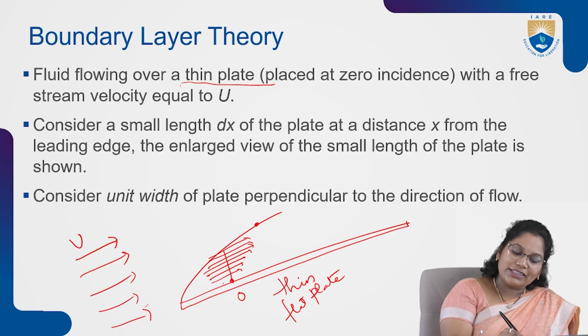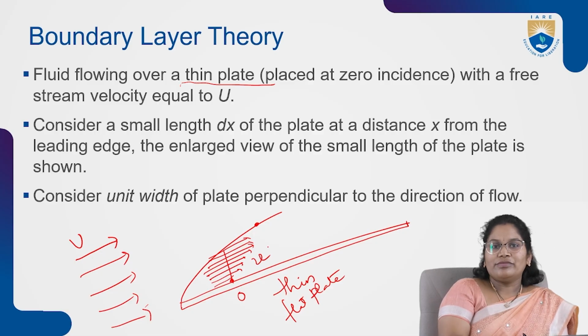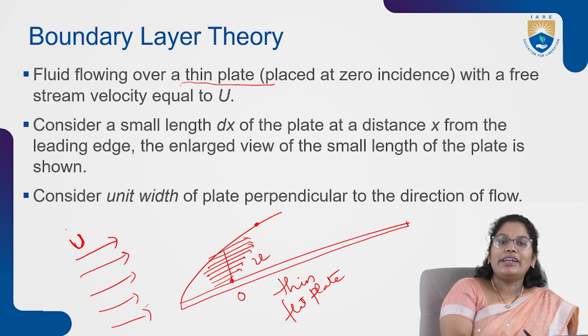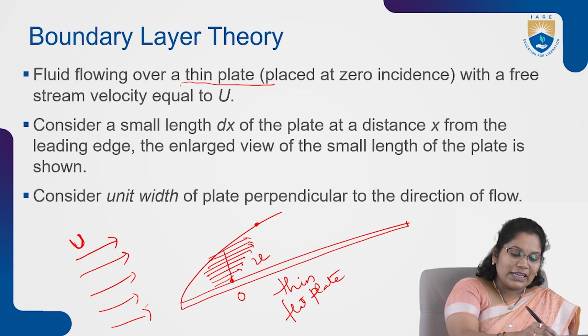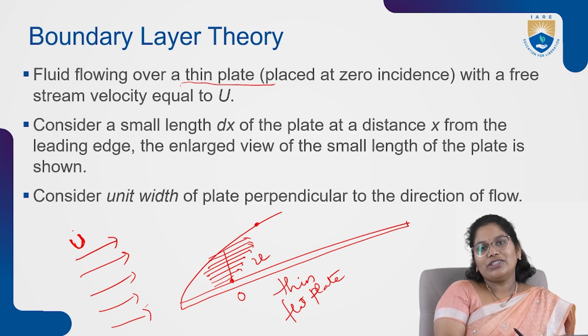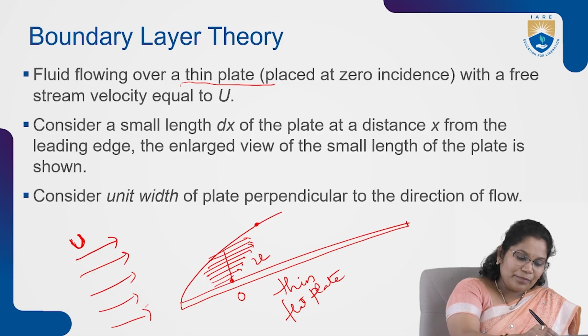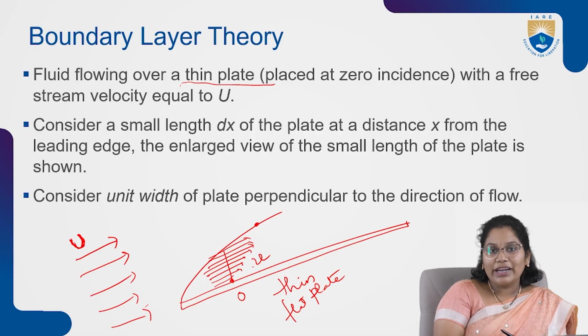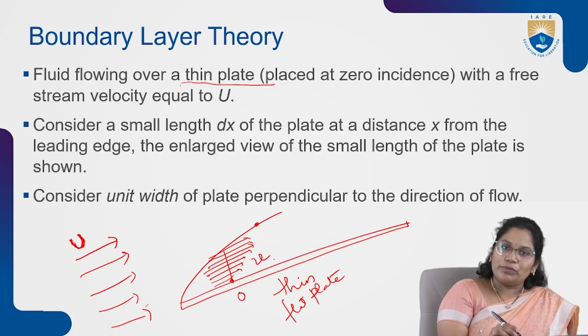Let us say the velocity inside is small u, and outside, before entering the flat plate, the free stream velocity is capital U. Entering the flat plate the velocity is small u, right?